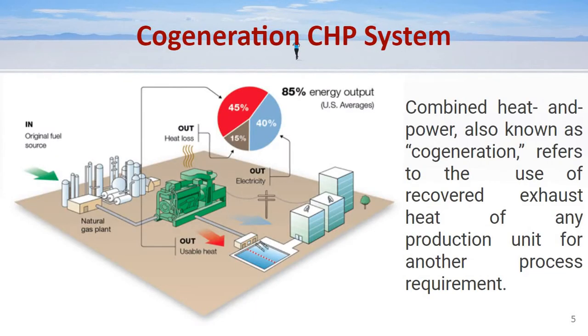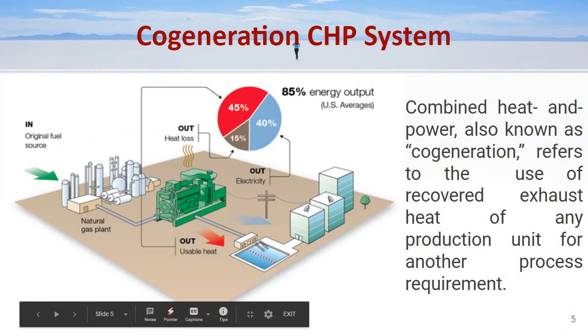So let us come to combined heat and power system, or cogeneration CHP system. Combined heat and power system, also known as cogeneration, refers to the use of exhaust heat of any production unit for another process requirement.